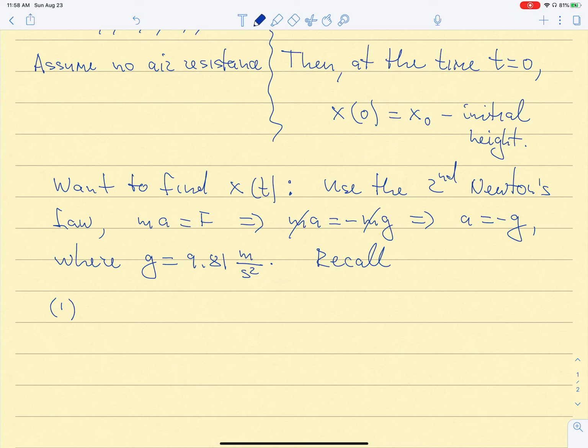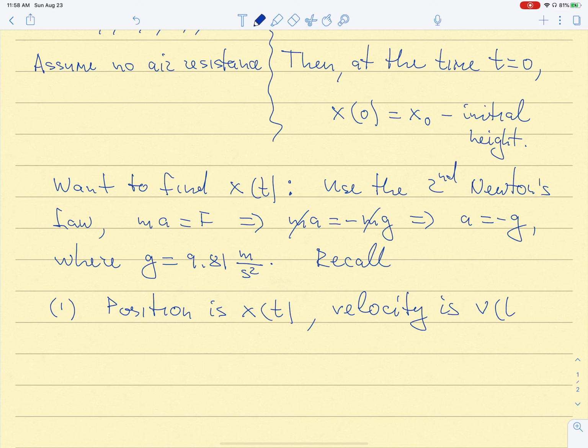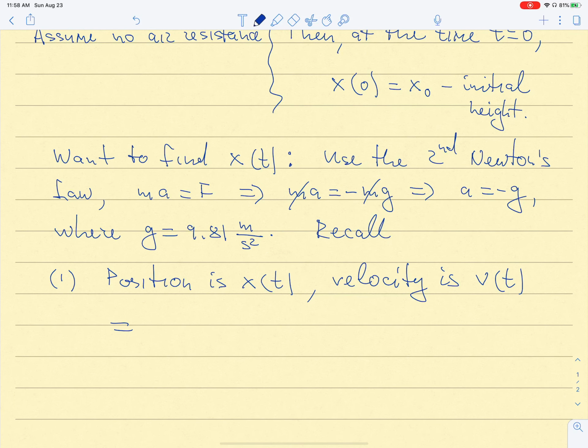So if position is x of t, and velocity, let's say, is equal to v of t, then what is a velocity? Velocity is a rate of change, instantaneous rate of change of position. And so what we have is that x prime of t is v of t.